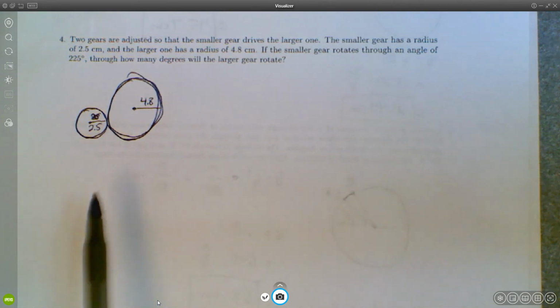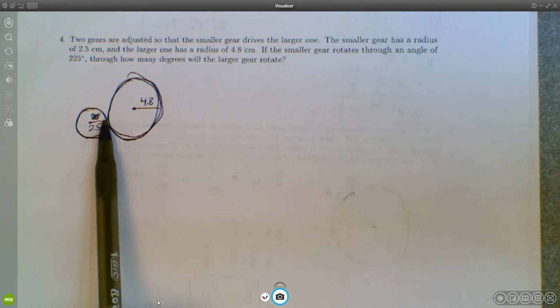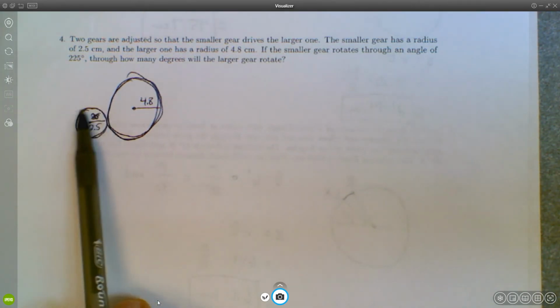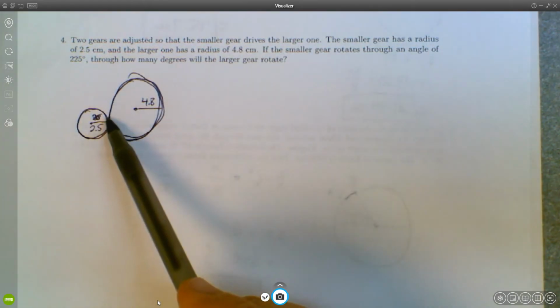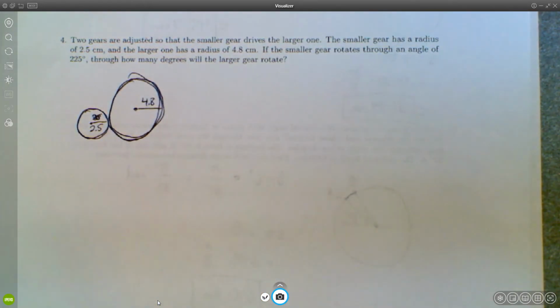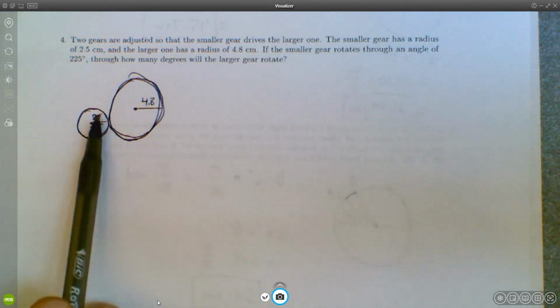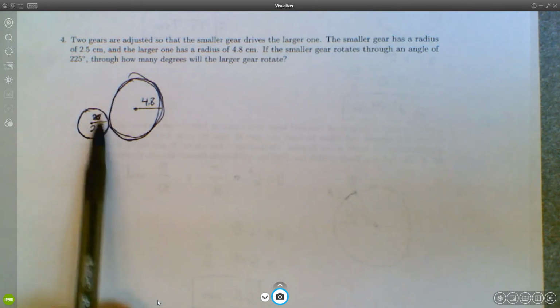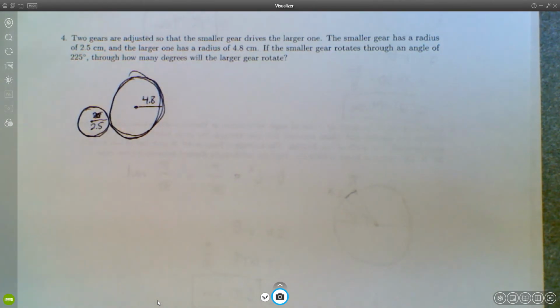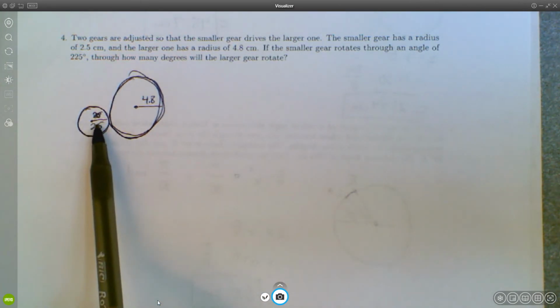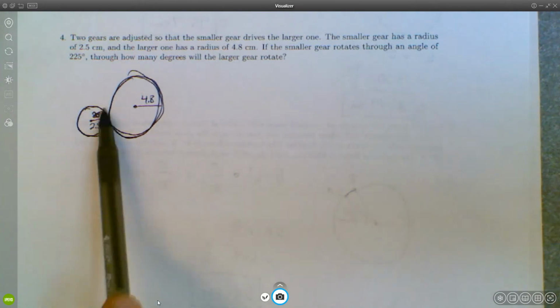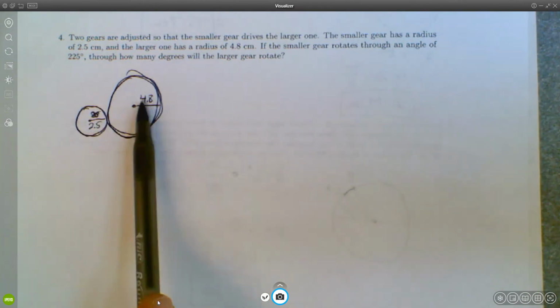Now, here's the key. The arc length on the small circle has to match the arc length on the large circle because the small circle is driving the large one, so they're going to go through the same amount of distance. Both gears are going to go through the same amount of distance on their outer edge. What's different is that in order to go the same distance on the outer edge, because this gear is smaller, it's going to have to travel through a larger degree than this one will.